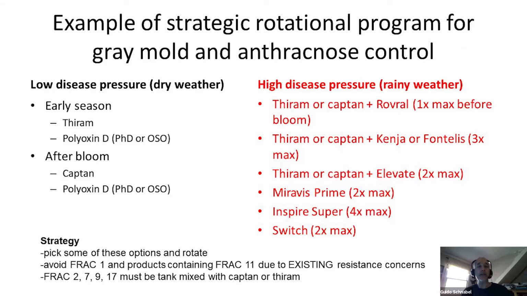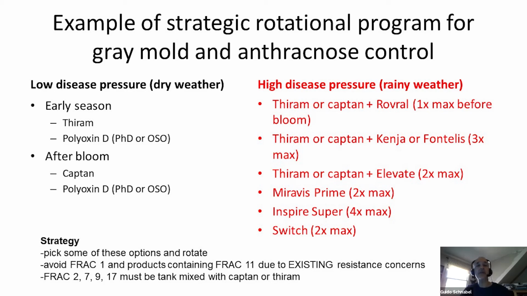This is sort of a spray guide that I've assembled for you. It's assuming low disease pressure and high disease pressure. Low disease pressure on the left, high disease pressure on the right. And here are the choices that I would recommend under low and high disease pressure. So low disease pressure, you're totally fine to just use Thyram by itself, polyoxin D by itself, or Captan by itself.